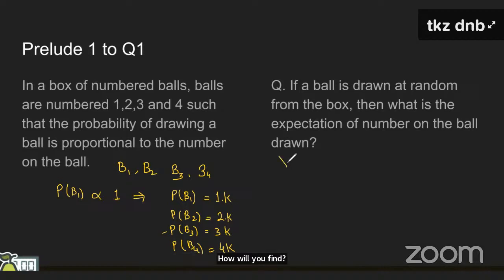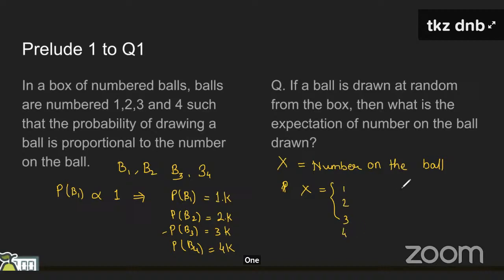Let x be a random variable which shows the number on the ball. What values can x take? 1, 2, 3 and 4.